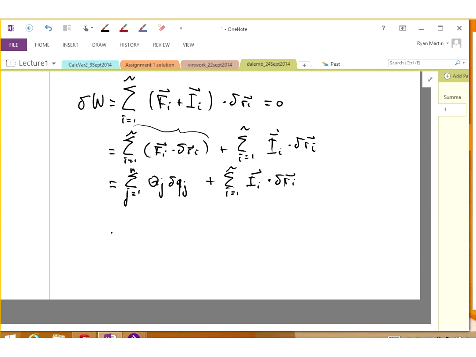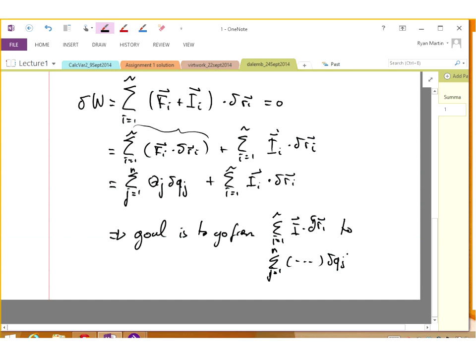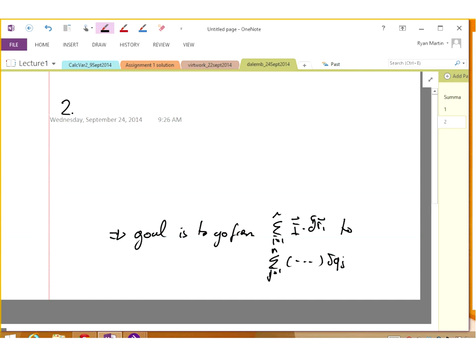So the goal is to go from a sum over I equals 1 to n of big I sub I dotted with delta ri to some sum over j equals 1 to little n, the number of degrees of freedom, with something with delta qj's in it. Okay. So let's look at this term.